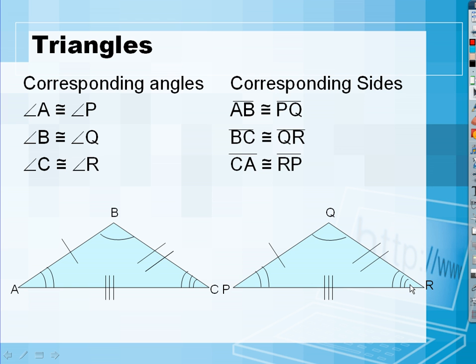Also, side AB is congruent to side PQ, side BC is congruent to side QR, and side AC is congruent to side PR. Okay? So all the corresponding angles are congruent, and all of the corresponding sides are congruent. In other words, would you agree that if I pick this triangle up and set it down on top of this one, A goes with P, B goes with Q, etc., right?